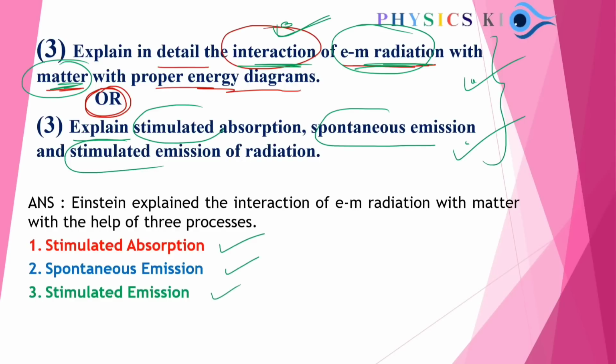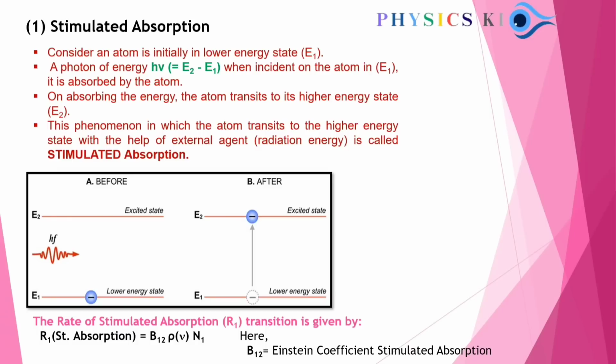What is the answer? Let's try to write. Einstein explained the interaction of electromagnetic radiation with matter with the help of three processes. First process is stimulated absorption, second is spontaneous emission, third is stimulated emission. Now explain each. The first one is stimulated absorption.